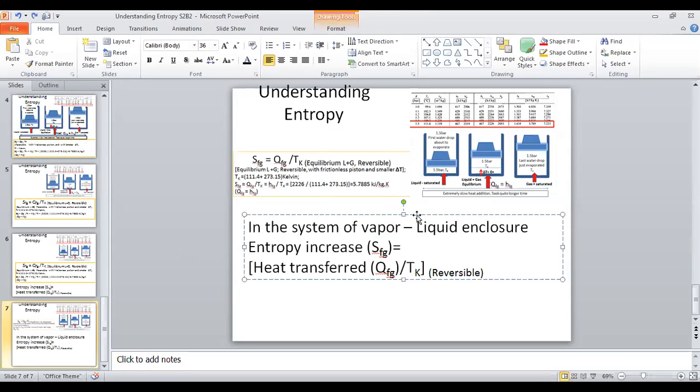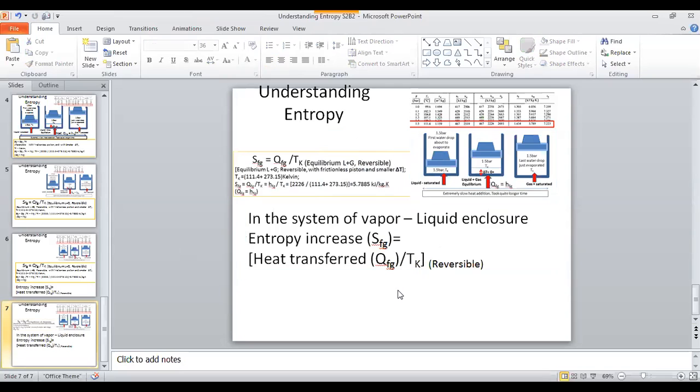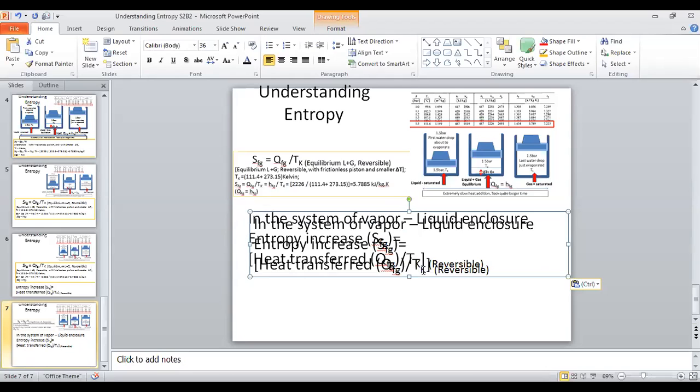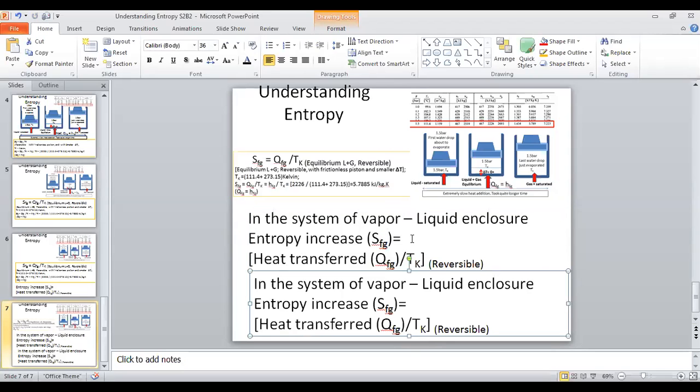Very interesting. And the other issue is the entropy, which is this, so I will rewrite this.